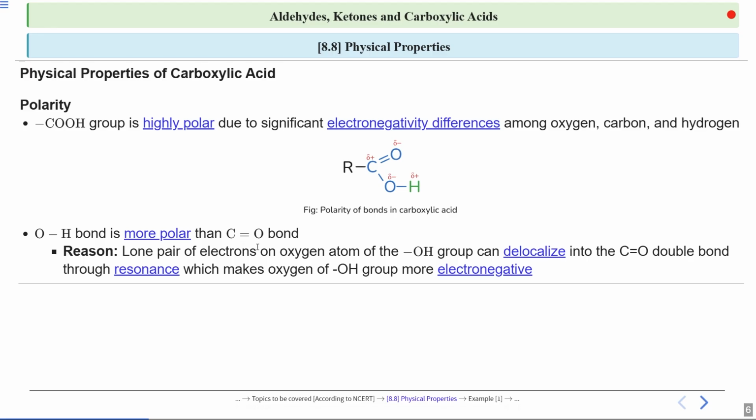So this delocalization increases the electronegativity of the oxygen in this OH group, which makes it more polar. Okay, so the lone pair of electrons on the oxygen atom of this OH group can delocalize into the C=O double bond through resonance, which will make this oxygen of the OH group more electronegative. Okay, is it clear?